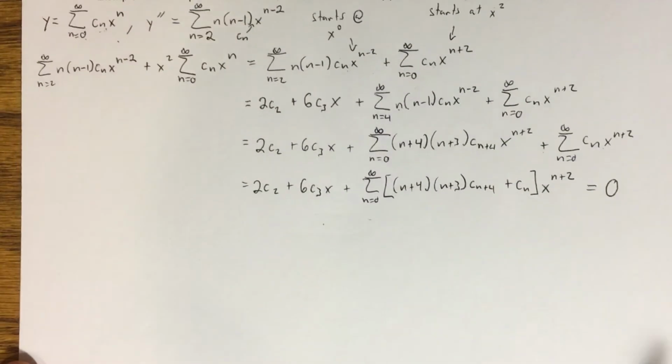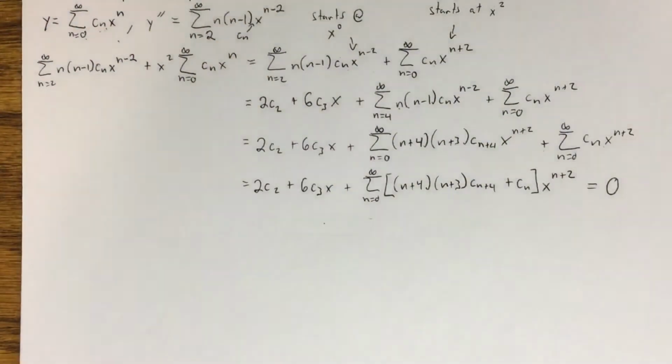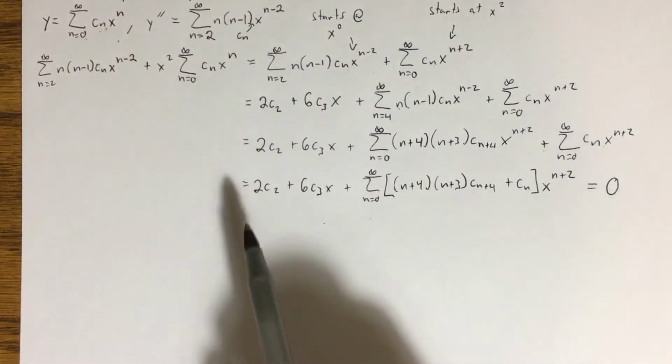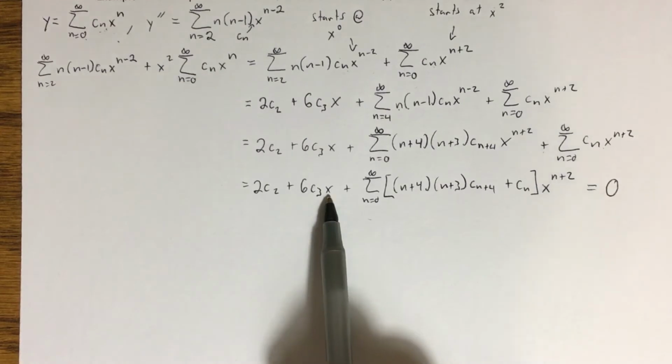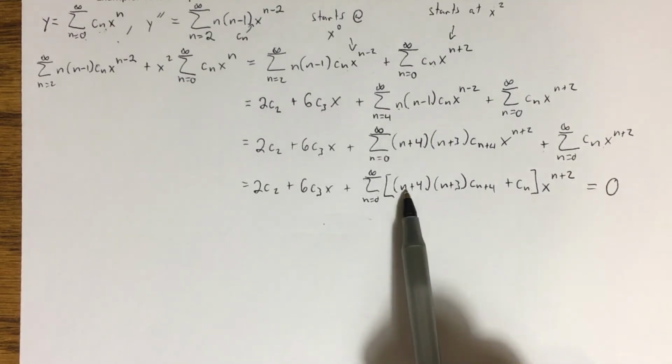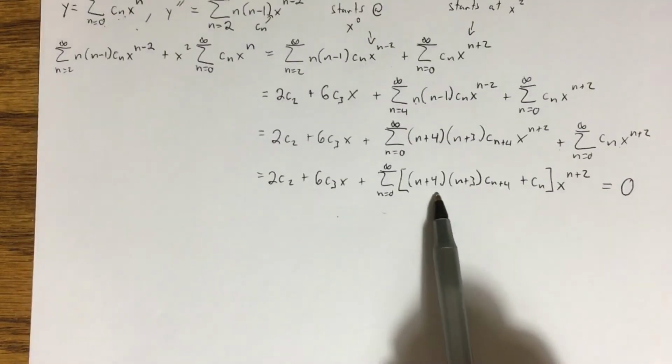It's homogeneous. So this is where we want to use our identity property. Remember, we have a constant term here, an x term here, and then in this series we have x squared, x cubed, x to the 4th, all the other terms.